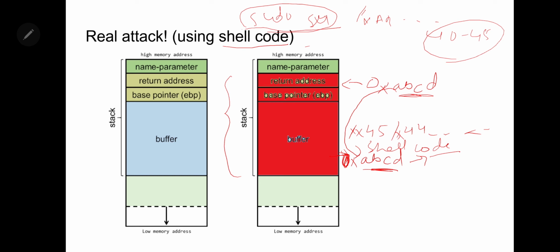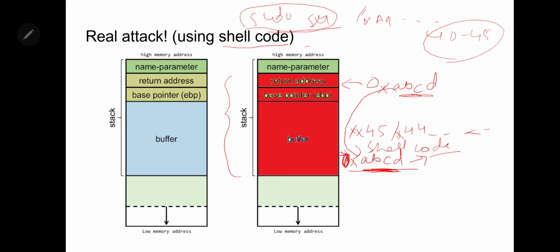But the next problem is to find out this particular address. Even if you find out the address, the next time you execute, the address of the shell code actually gets changed. There are a lot of techniques implemented inside the memory which randomize where you store the information in the buffer.